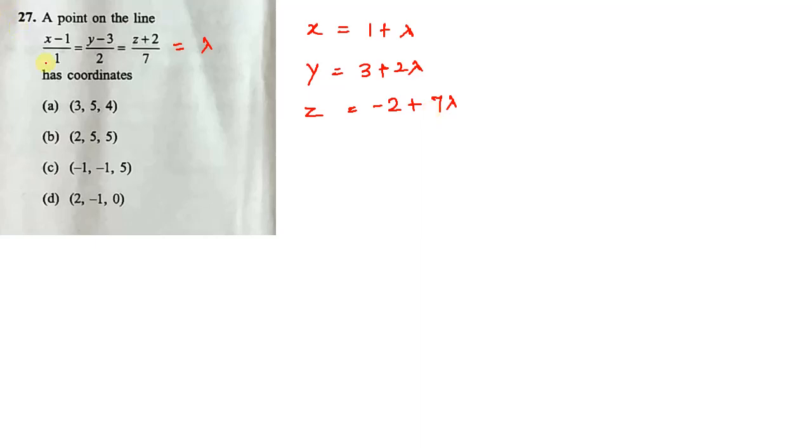By checking all these options, in the first situation the x coordinate is 3. According to option A, if x is 3, then lambda is 2, and we substitute lambda in the other two coordinates. Now z is minus 2 plus 14, which is not equal to 5, so option number first isn't the answer.